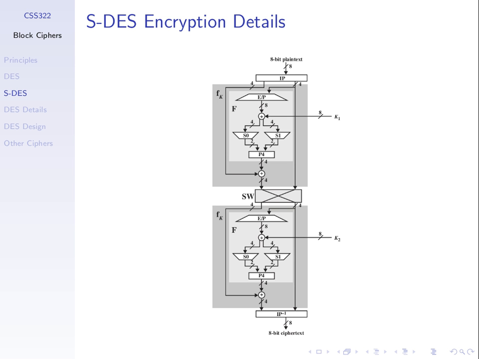Output of P4, 0, 1, 1, 1, XOR the left half from IP gives 1101, and then 1001, the right half of the output of the initial permutation from the original plaintext. So we have 8 bits. We're here. Swap the halves.